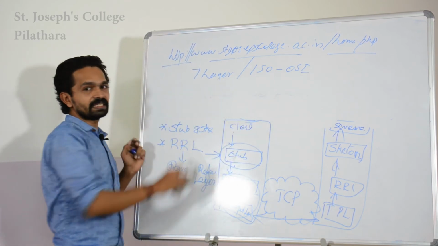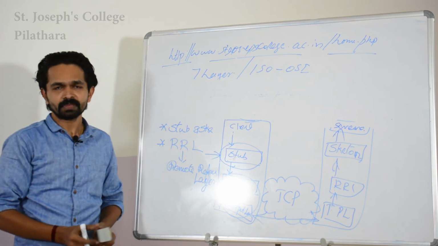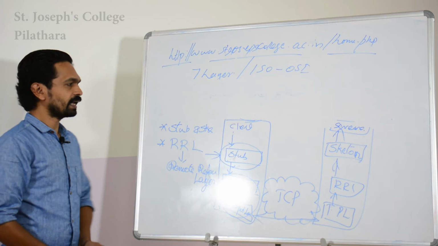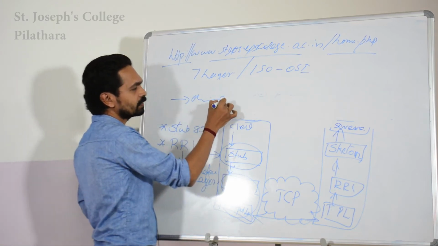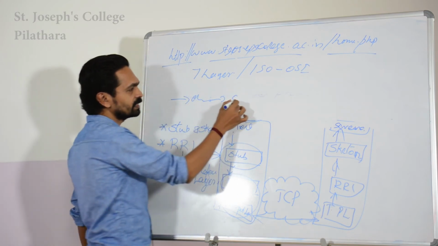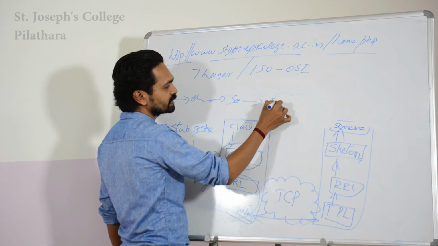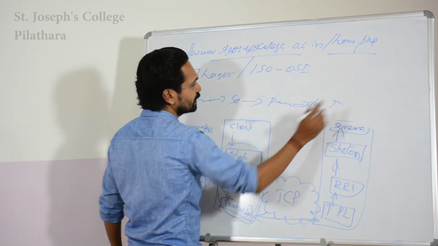The 7 layers have 7 functions, 7 responsibilities. Like the application layer transmits to the data link layer, data link sent to the session layer, sent to the presentation layer, presentation to the transport layer, like that.